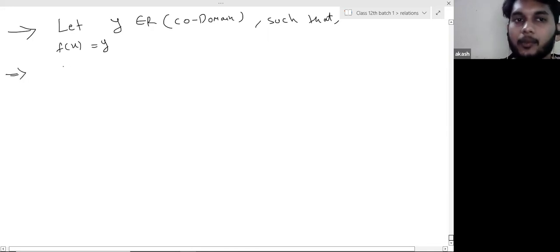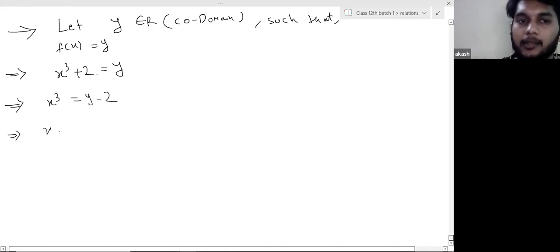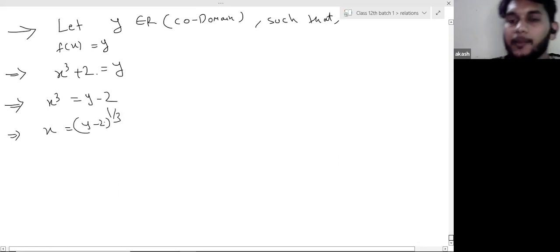So this implies, what was f of x? f of x is x cubed plus 2, and this equals y. We assumed y in such a way that this is true. So we can rewrite this as x cubed equals y minus 2, and this gives x equals y minus 2 raised to the power 1 by 3.